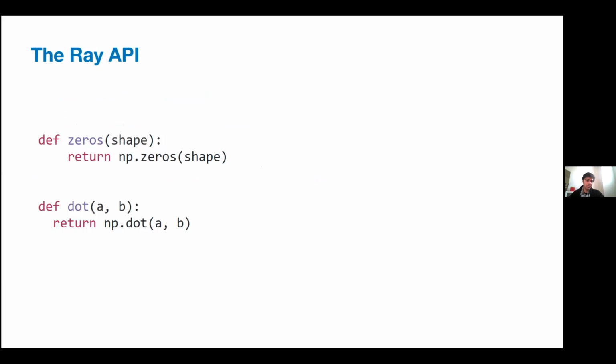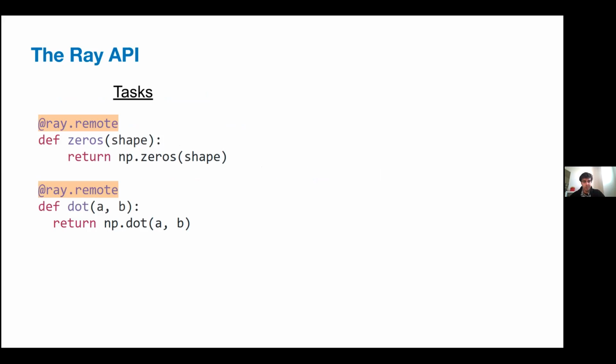All right, so best to just go into an example here. We have two Python functions. These are just ordinary Python functions. One of them is just going to generate an array of zeros given the shape, and the other one is just going to perform a dot operation between two inputs. The NP prefix here is the NumPy library.